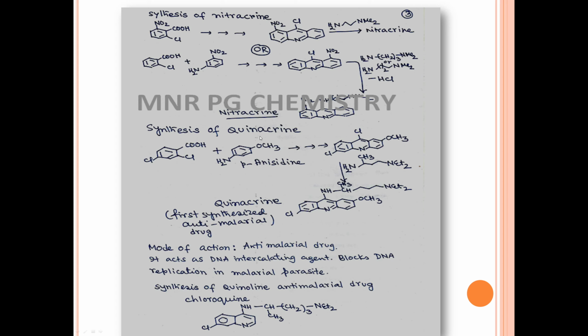Now we will move to another molecule, that is the synthesis of quinacrine. This is also an orthochlorobenzoic acid, but with a substituent at the meta position with respect to chlorine and the para position with respect to the carboxylic acid. The aniline compound is substituted at the para position with OCH3.